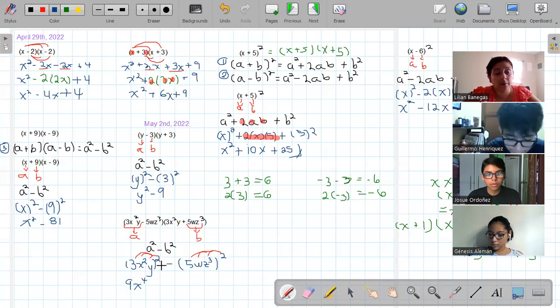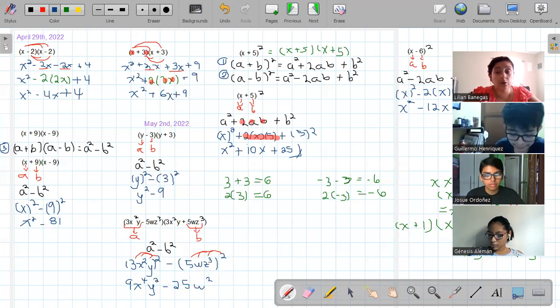And y affected by the square, that is? Y squared. Minus, now we affect the 5. 5 to the square? 25. W to the square? W squared.